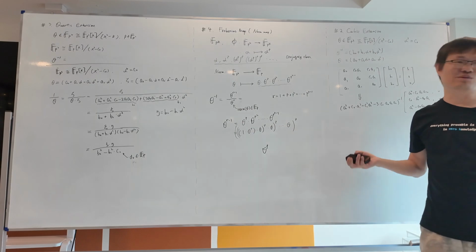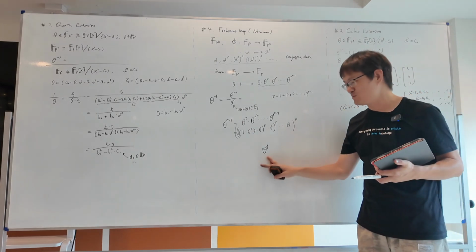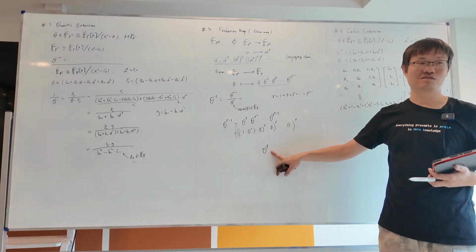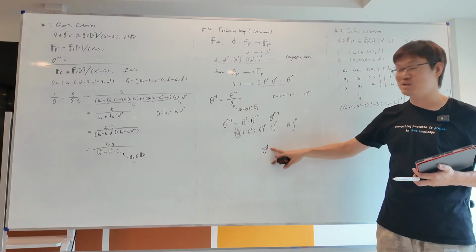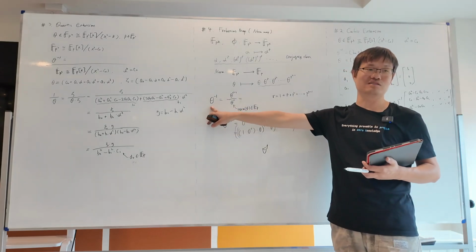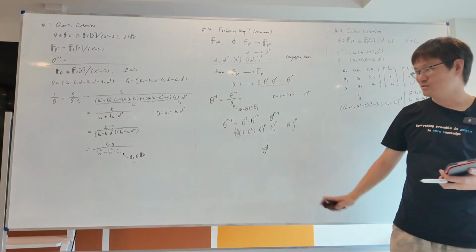Okay, the final problem: how can we optimize theta p? If we can compute theta to p efficiently, then we can efficiently compute theta, the inverse of theta.